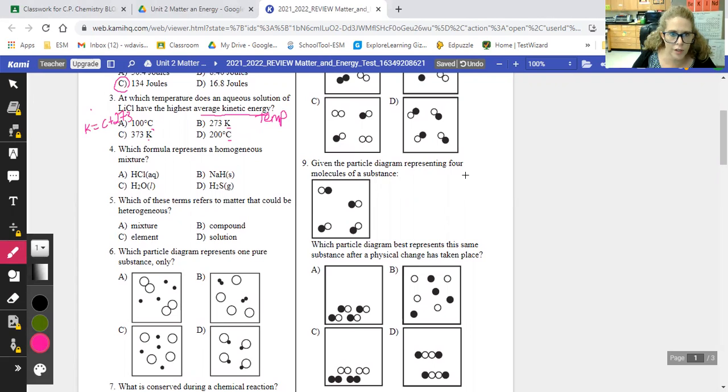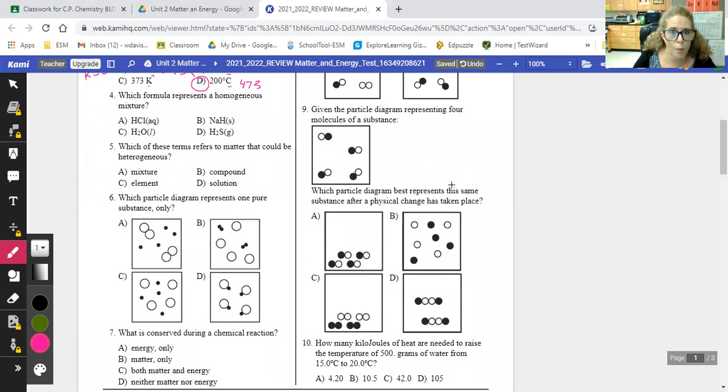So 100 degrees is actually 373 Kelvin. Now I have 3 numbers in Kelvin and 1 in Celsius. 273 plus 200 is 473, so the highest is going to be D, 200 degrees Celsius.